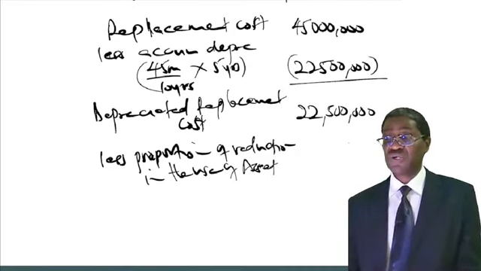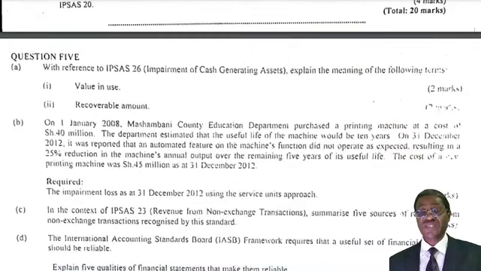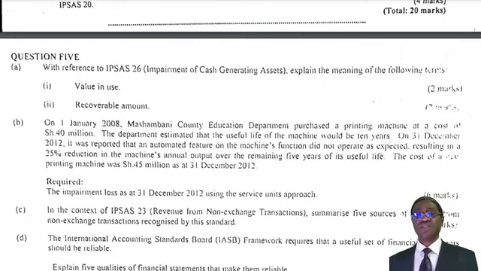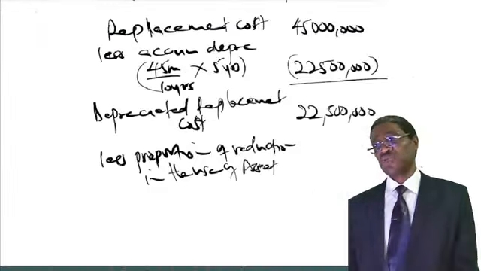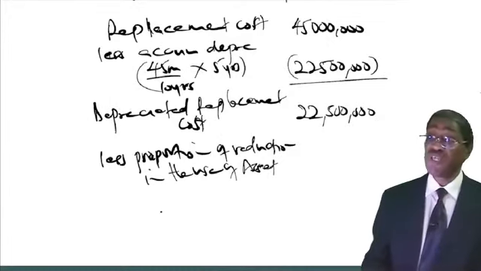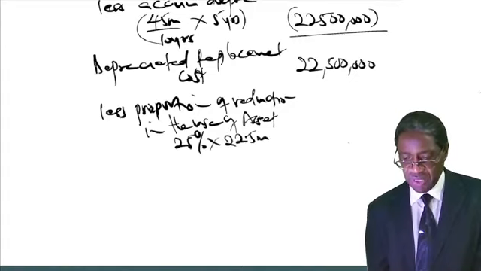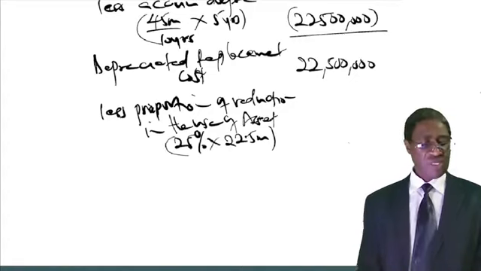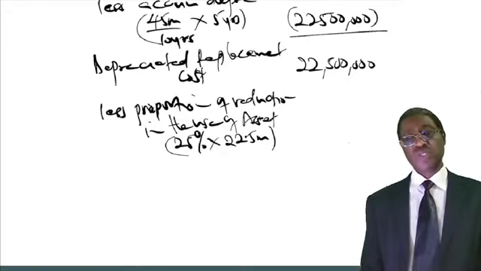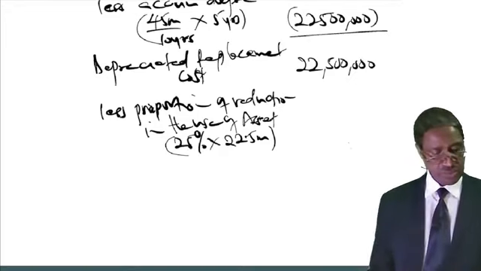Let me confirm. Yes, the second last line in part B says, resulting in a 25% reduction in the machine's annual output. It has lost 25% of its efficiency. We take 25% of 22.5 M. What does it come to?